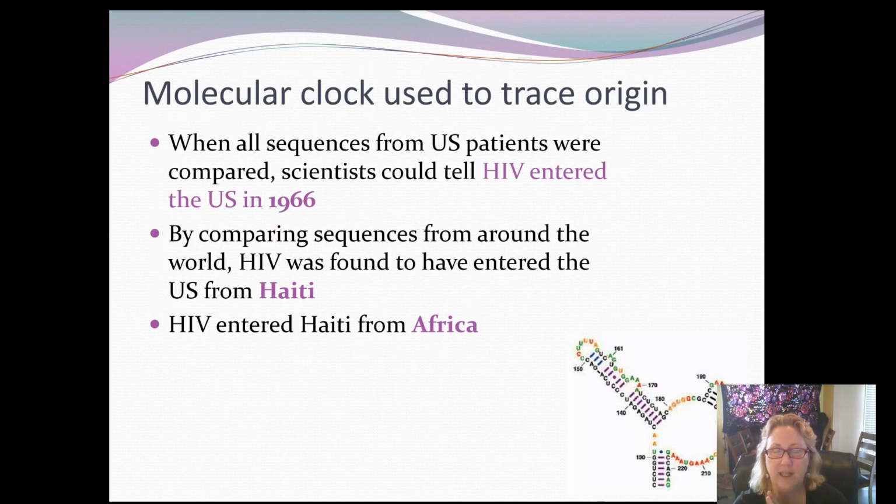The year that they got was 1966. So that implies that the first US case was around 1966, and then all the other cases in the US were directly a result of that first case back in 1966.